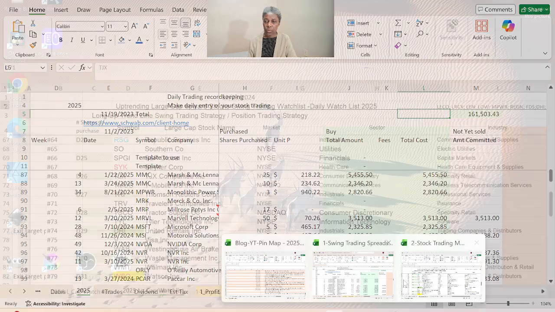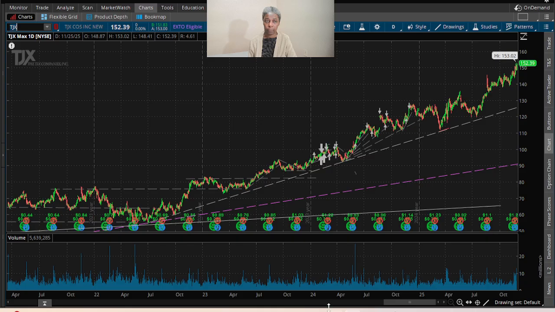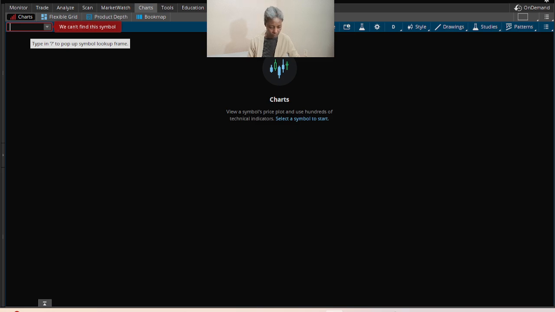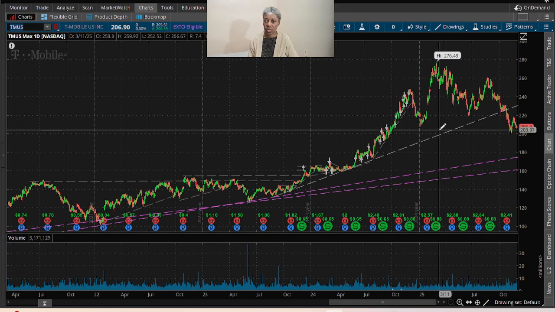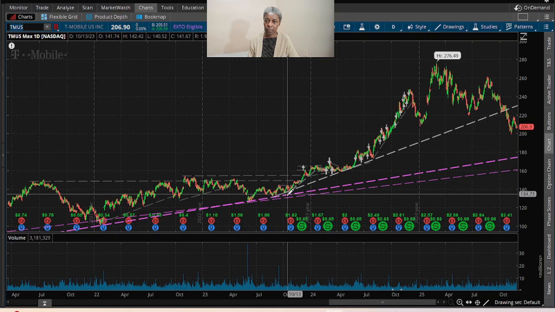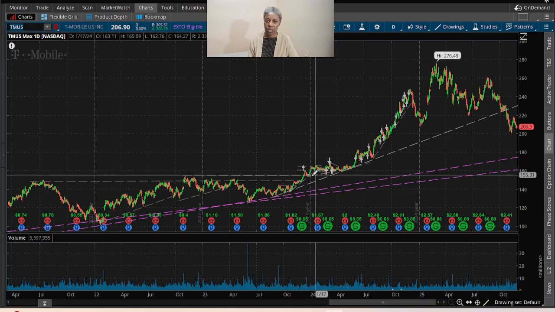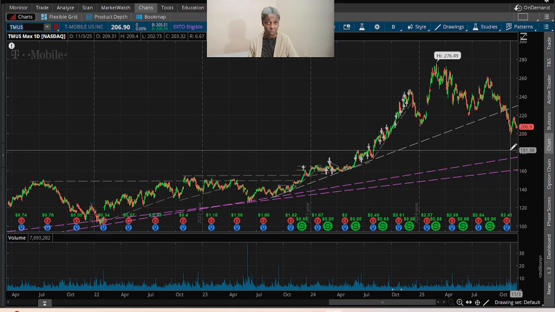So the next one we are going to analyze without any indicator other than the chart is TMUS. So TMUS, do you see it climbed this line for a while, again for 2 years and a half or so, and right now it seems to be going down.